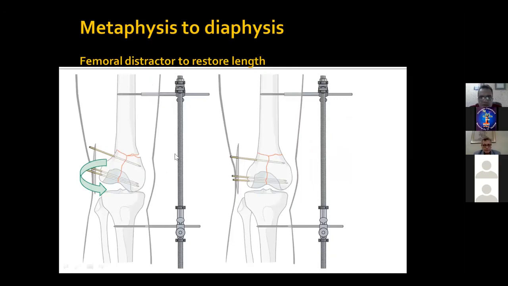Also, we use distractors or external fixators to do traction and to do indirect reduction. Also, through the open approach we have just performed, we can use joystick pins or Schanz screws in order to manipulate the fragment into a proper reduction. But we do not open on the metaphyseal component.